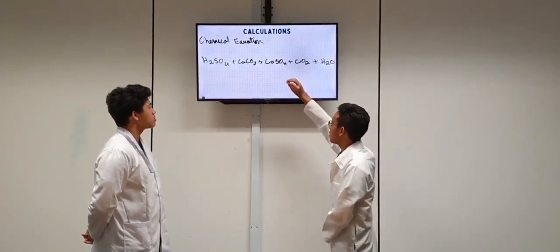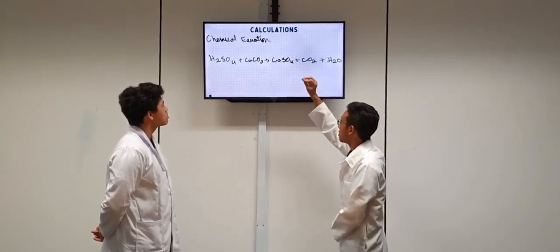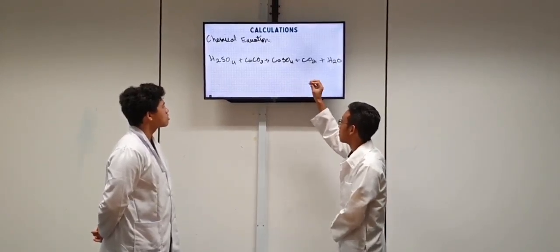Next. So here is the equation. You can see right here, the mole ratio of each substance is 1 to 1.